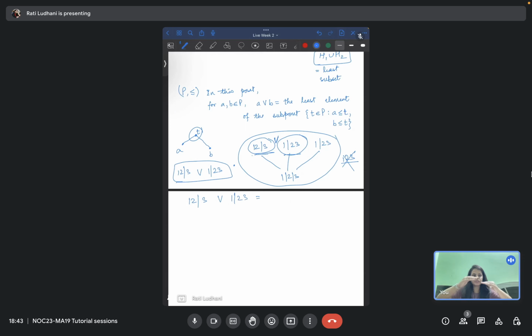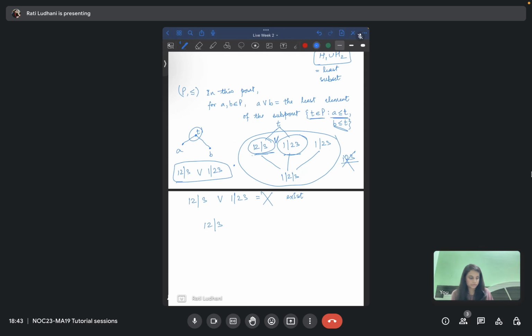Now what will you search? You will search for the bigger element, because these two are different elements, so we have to search for the next one. Next one means some T such that A is less than or equal to T and B is less than or equal to T, right? So you are searching for some T which is above that, but there is no such element, and these are not comparable. So this does not exist. And you know that greatest element and least element need not exist in every poset.